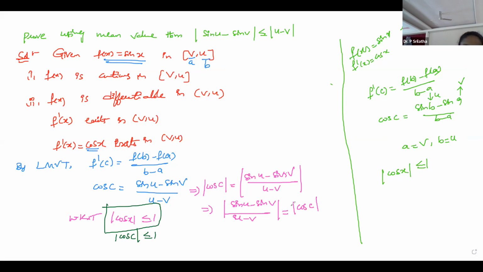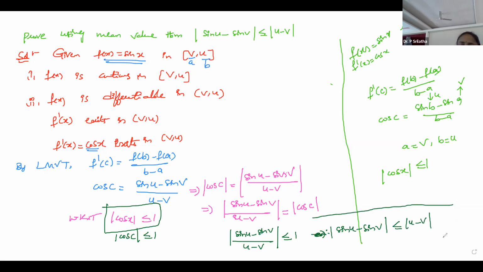If I substitute modulus of cos c less than or equal to 1, the equation becomes like this, less than or equal to 1. So from this step we can directly write: therefore modulus of sin u minus sin v is less than or equal to modulus of u minus v.